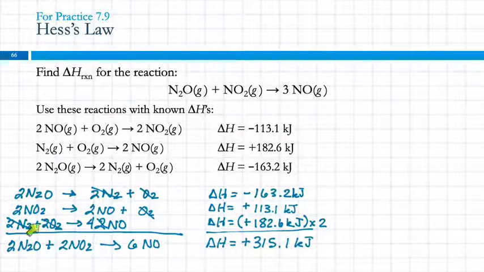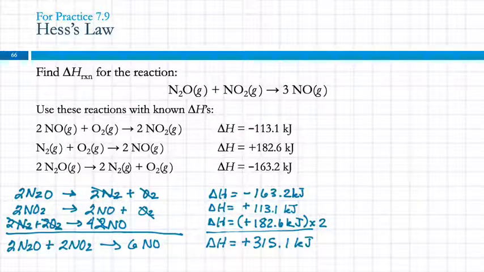Is this the same as that reaction? It's really close, it's just doubled, right? So to turn this equation into that equation, I need to divide everything by 2. So if I'm dividing all of these by 2, I'm going to divide delta H by 2. Because what I'm describing is half as much stuff as this, right?